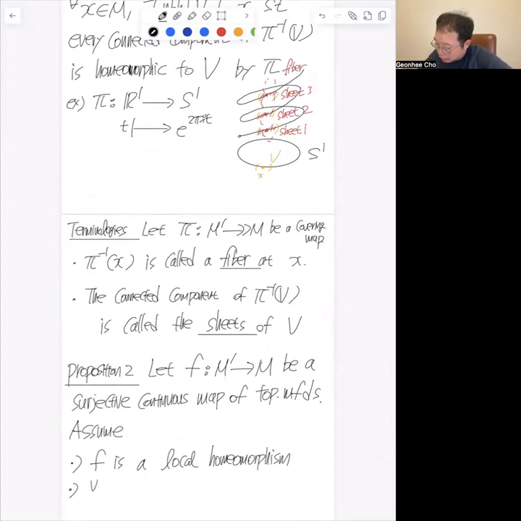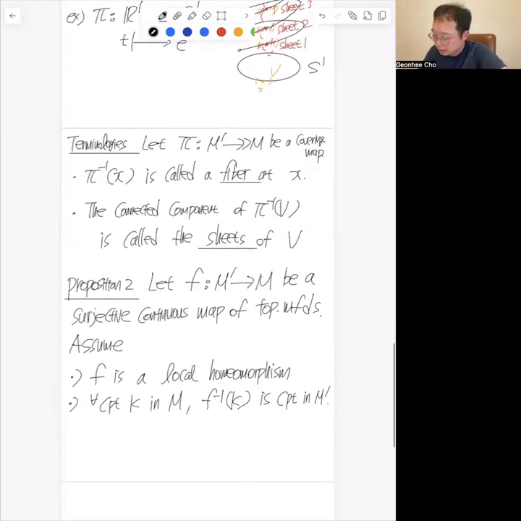We require that for any compact K in the codomain, we take the inverse image, and this must be compact in M'. This second condition also has a name for the map, so we simply say F is proper if it satisfies this condition.